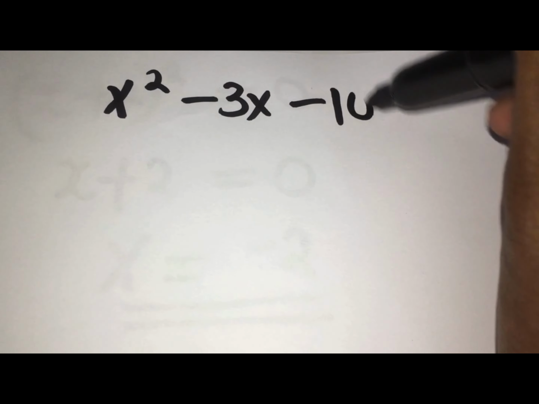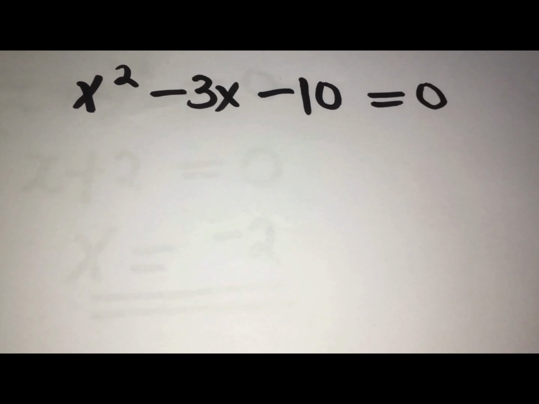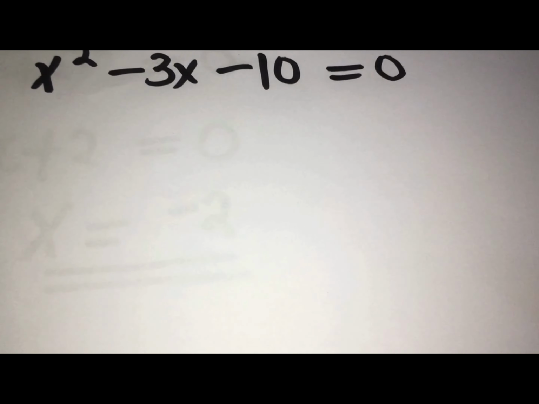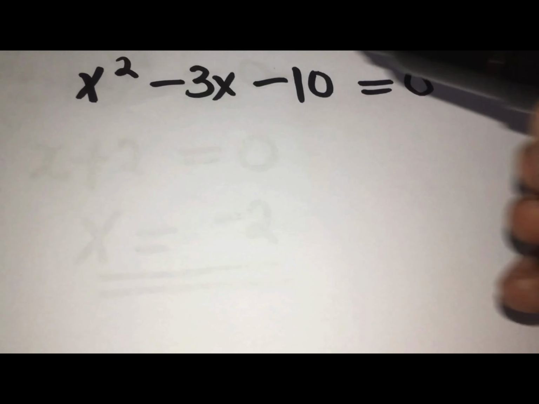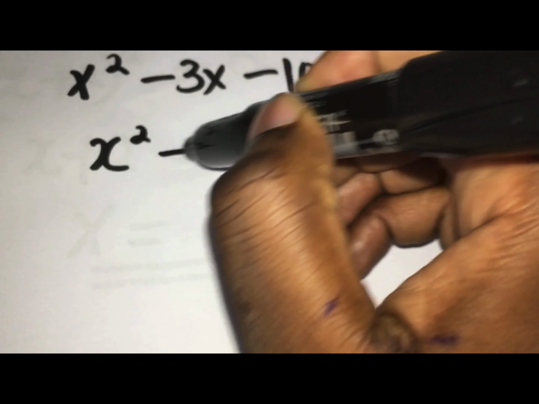We have x squared minus 3x minus 10 equal to 0. So now, since we're familiar with the a, the b, and the c, we can go direct. x squared minus 3x.